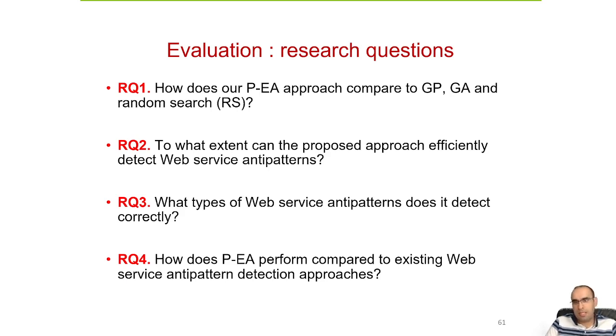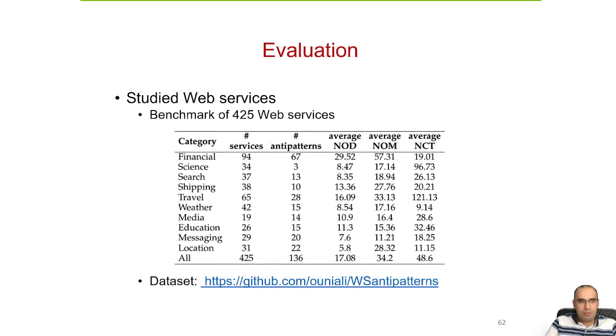detecting web service anti-patterns. Then for the evaluation, we used a benchmark that is composed of 425 web services that belong to different categories like financial, science, search, shipping, travel, weather, and others. Our dataset is publicly available to further extend it or replicate our study.